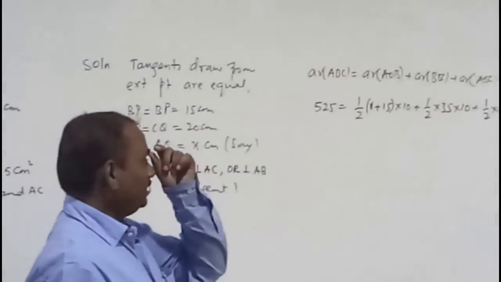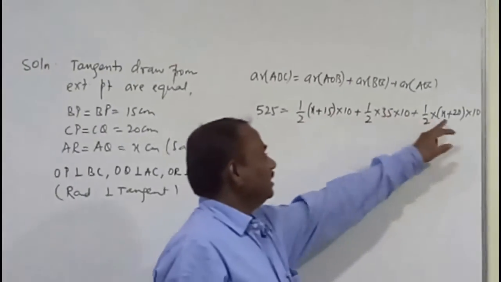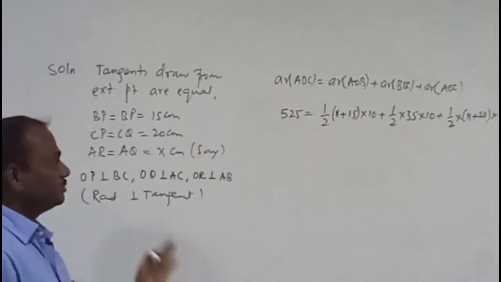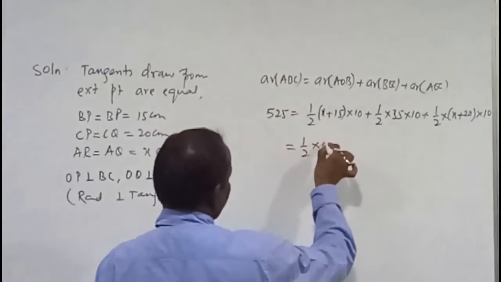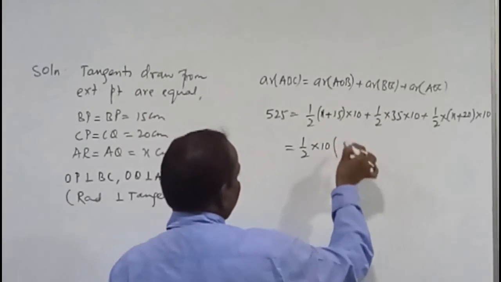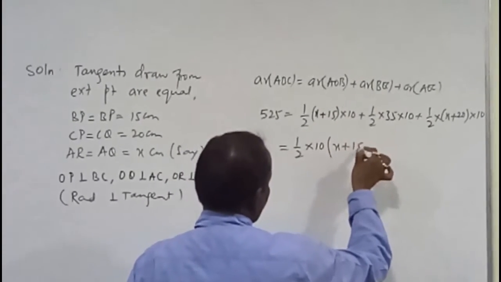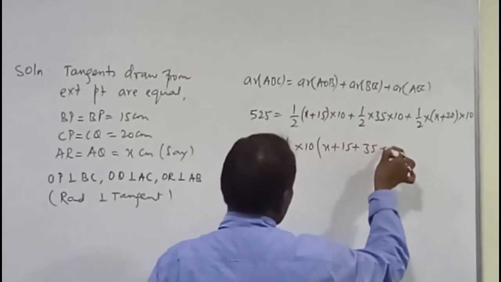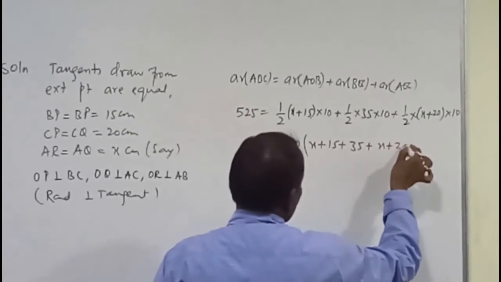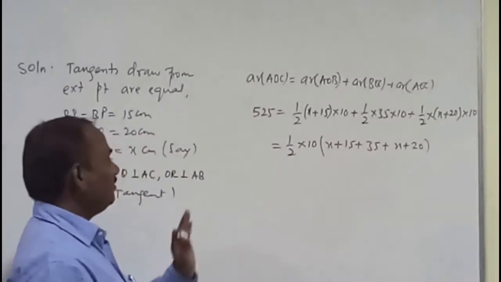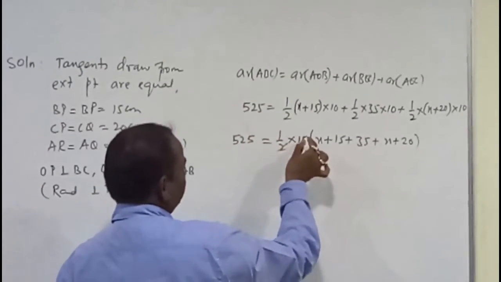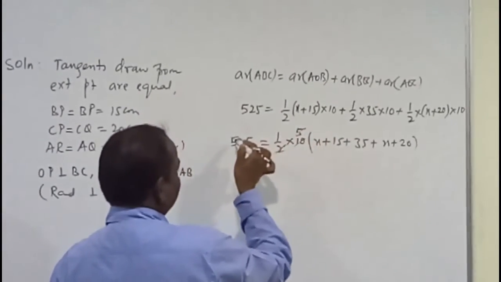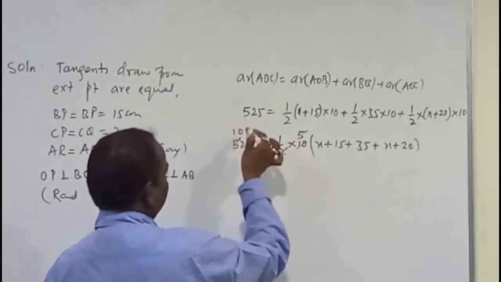Now here we see a variable, that is X, and that variable can be found out by using this equation. Here I can see that half and 10 can be taken common. So what remains? X plus 15 plus 35 plus X plus 20. Here you can see I have taken common half and 10, and here it is 525. So you can cancel 2 5s, and 5 can cancel this 105.